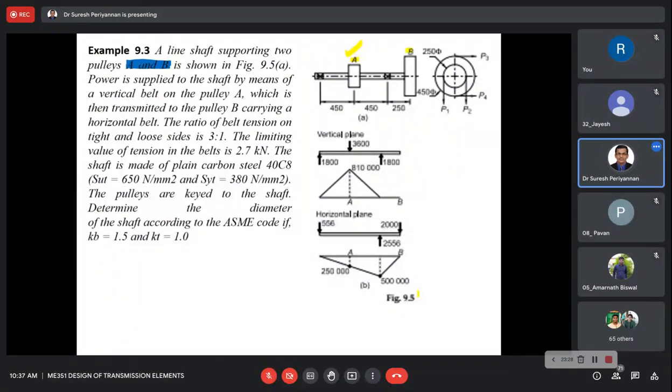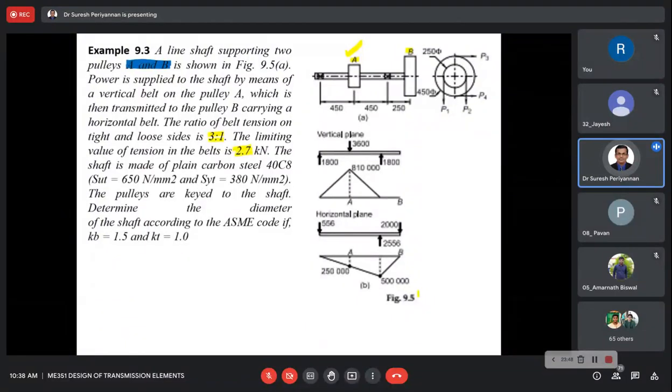The ratio of the belt tensions on the tight and slack sides is 3:1, so P1 by P2 is equal to 3. The limiting value of tension is 2.7 kilonewton. Limiting value means maximum tension, very important.